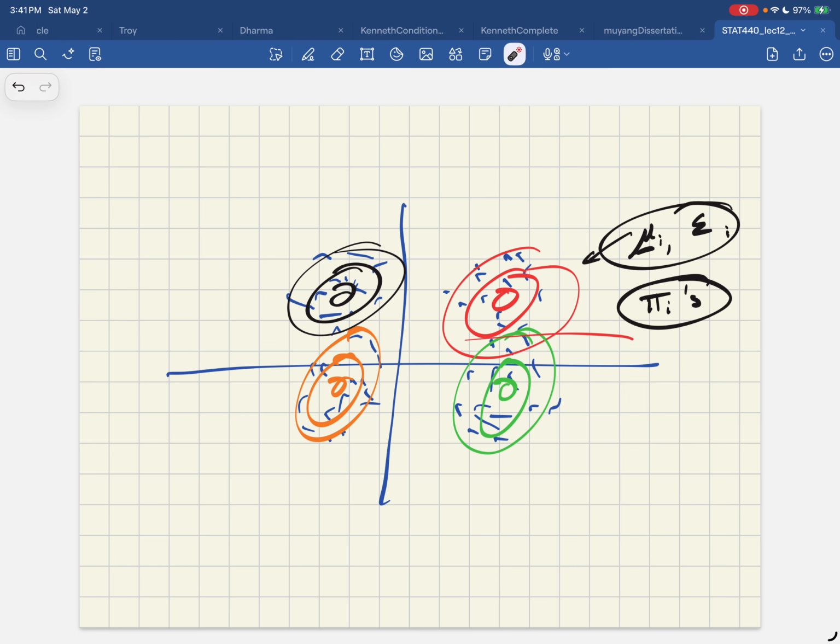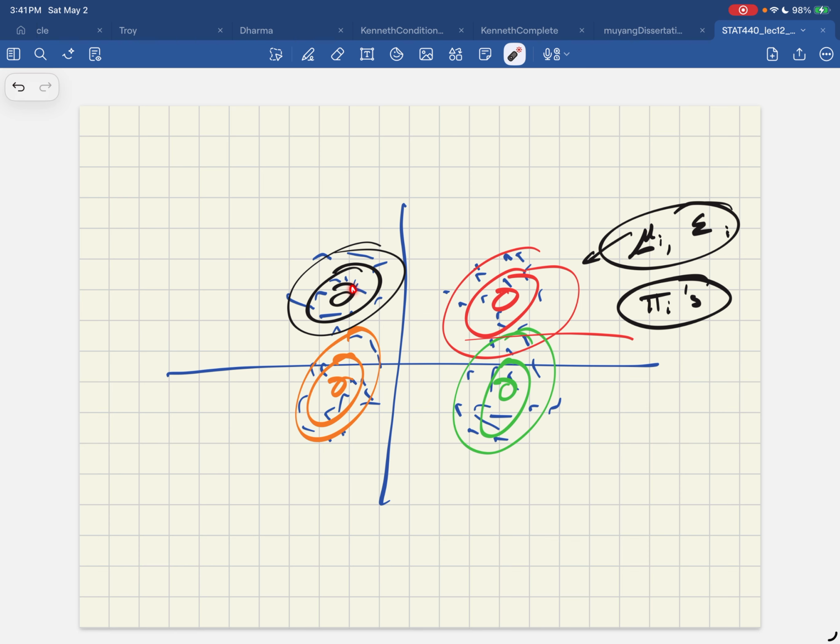Basically zero, because that black density has no mass out here. The probability that it came from the orange mixture is essentially also 0. The red and the green at that location have about the same density values. So our probabilities of this point being associated with the mixtures would be basically 0, 0, 1/2, 1/2. This other point would be 0, 0, nearly 0, 1.